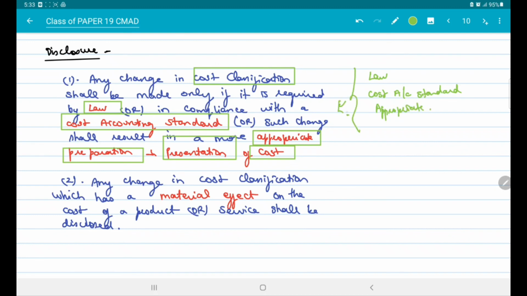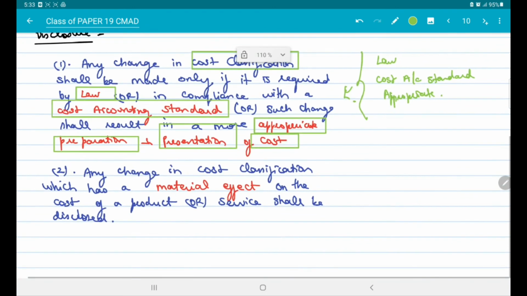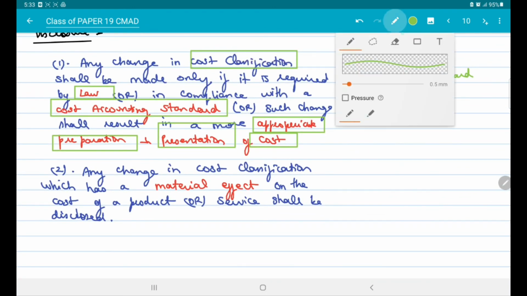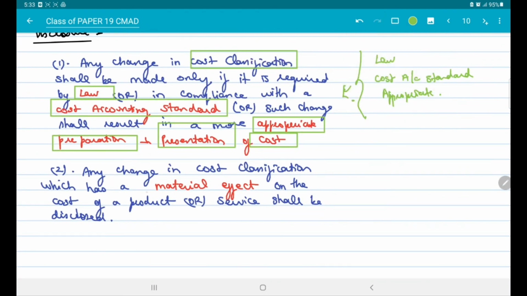Only if this is the case, then it is fine. And then if there is any change in cost classification which has a material effect on the cost of a product or services, shall be disclosed. Okay, shall be disclosed. So if there is any change in cost classification, and due to such change, if there is any material impact on cost of a product or services, it shall be disclosed.